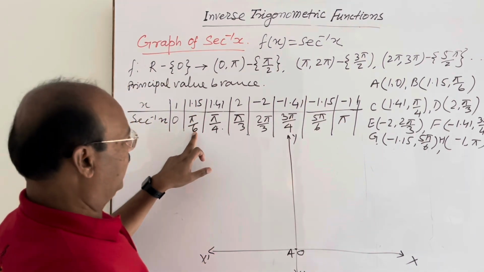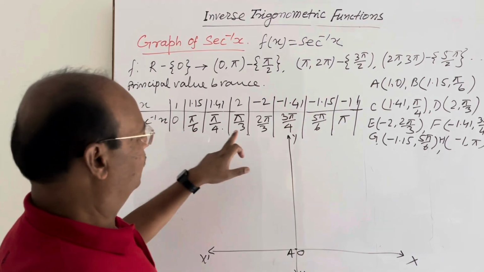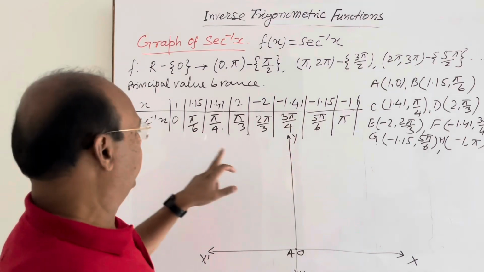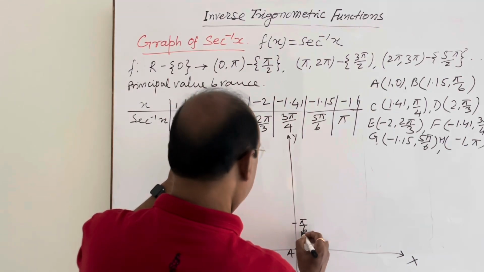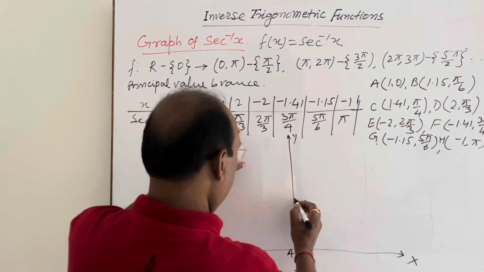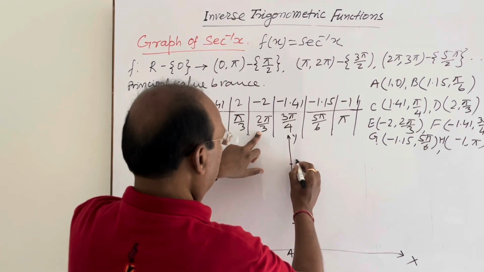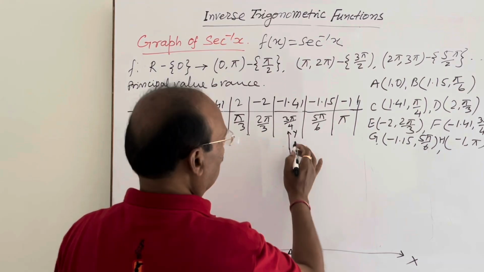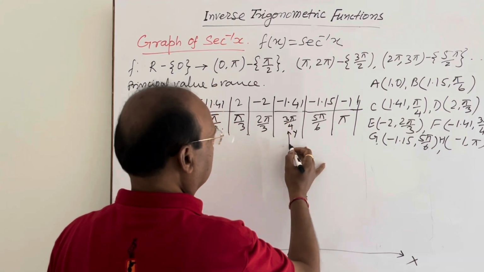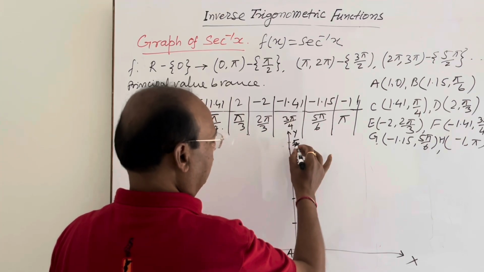Another angle is pi by 6. It is convenient to take multiples of 30 degrees first along the y-axis. So suppose this is pi by 6, then pi by 3, this is 2 pi by 3. Here we can take 5 pi by 6.